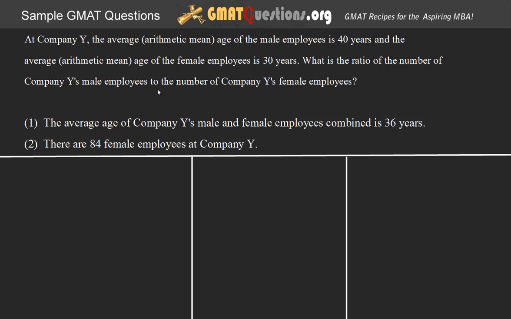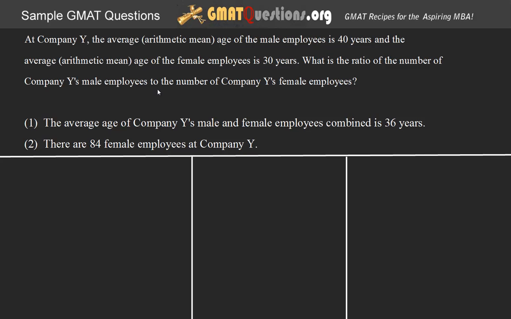Even if you do know, the groups are separate and we have to take into account the number of items in each group. When you're given an average or even a percentage and you have to deal with the number of entities in groups, you know that you have a weighted average question.